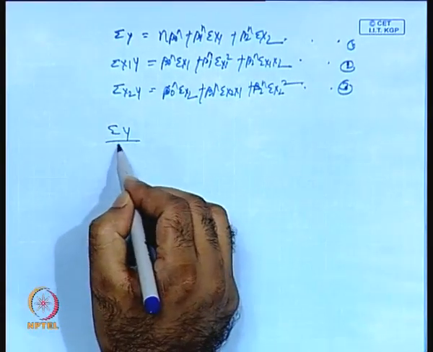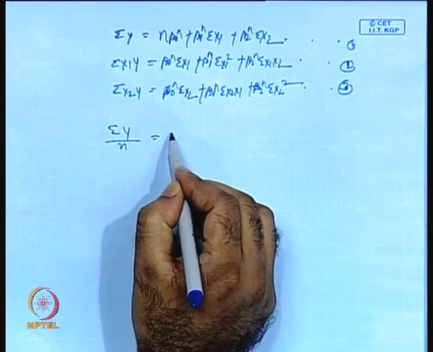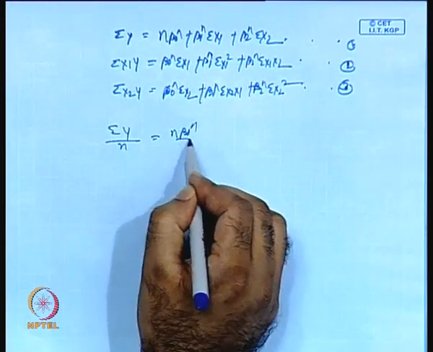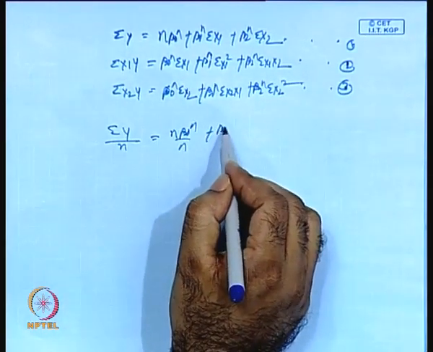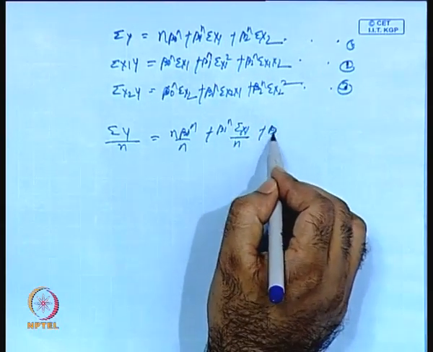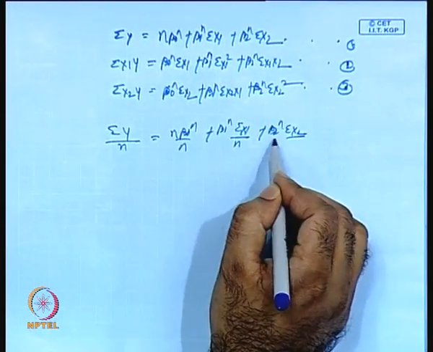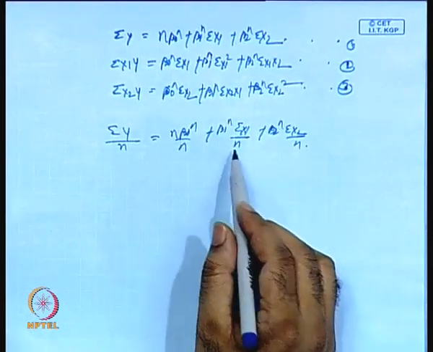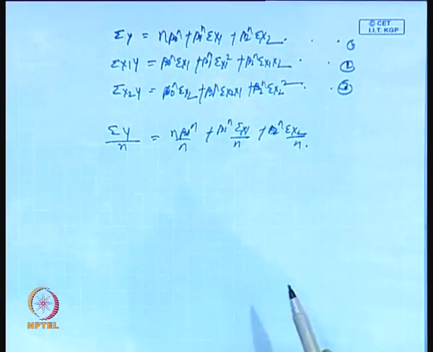Okay. So now if you divide both the sides, then summation y by n equals n beta 0 hat divided by n plus beta 1 hat summation x1 by n plus beta 2 hat summation x2 by n. Here n represents the number of sample observations.